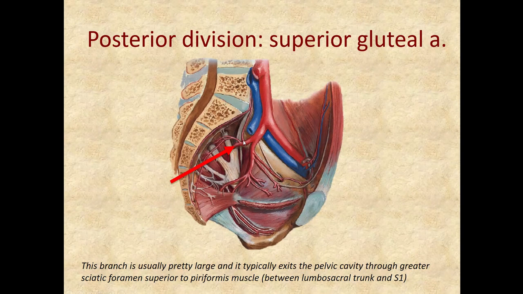You can see that it's the terminal aspect of the posterior division, and it usually goes between the lumbosacral trunk and S1. Not always, but most of the time it's going to course between those two neurologic structures to exit the pelvis above the superior border of the piriformis, in the greater sciatic foramen.